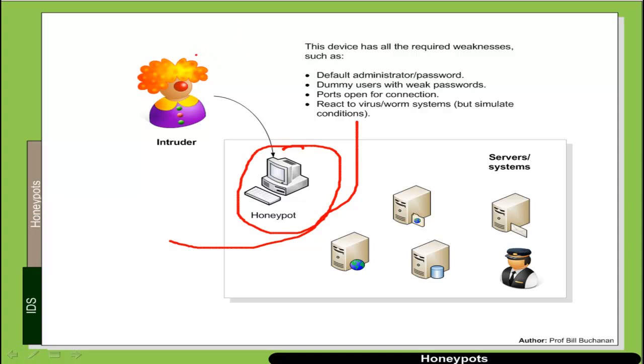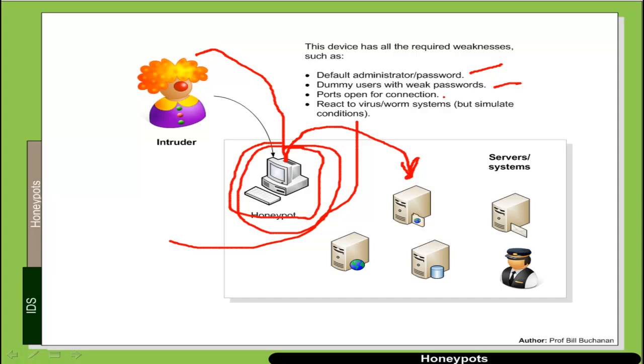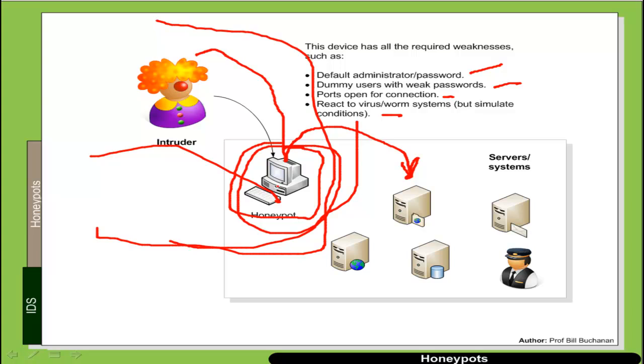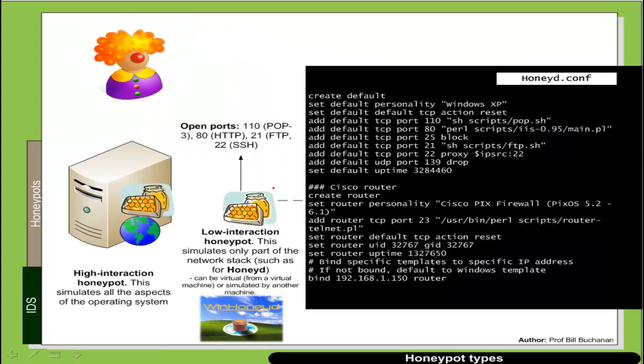So with this, they might stop an intruder from going directly to a production machine, and will thus get stuck with the honeypot. So it might have default passwords on it, dummy users, lots of ports open, or it could react to a worm or a virus or some form of scripting and entice a threat in.